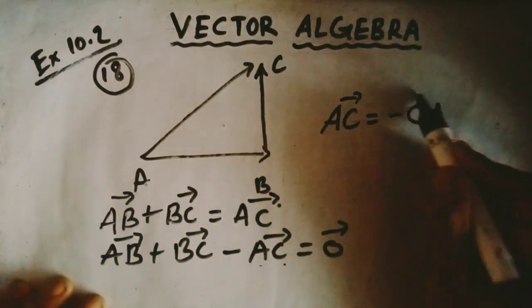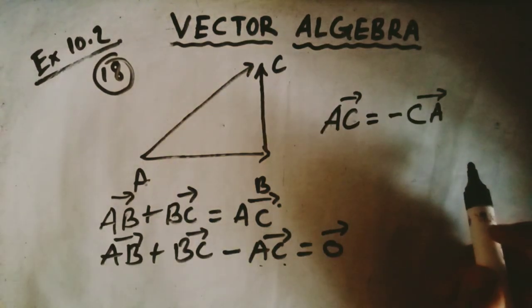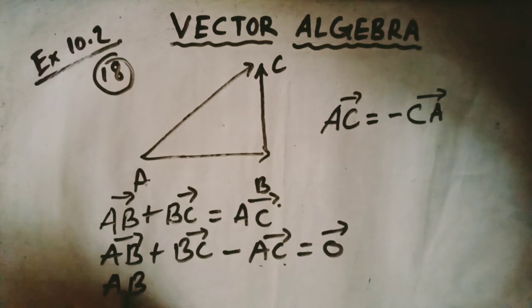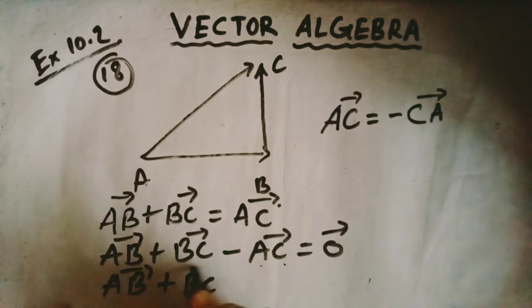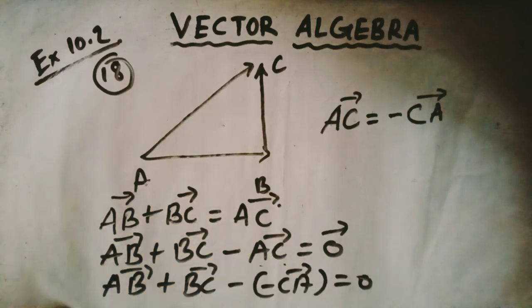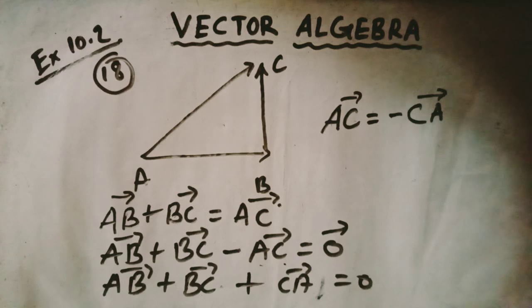Minus CA. So you can write AB vector plus BC vector minus of minus CA vector, so you get plus CA. So this is correct.